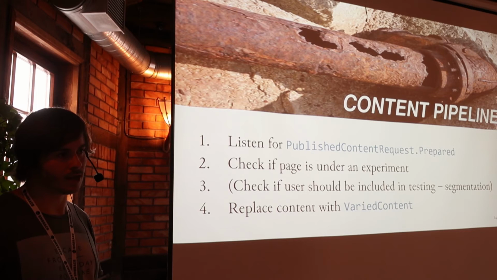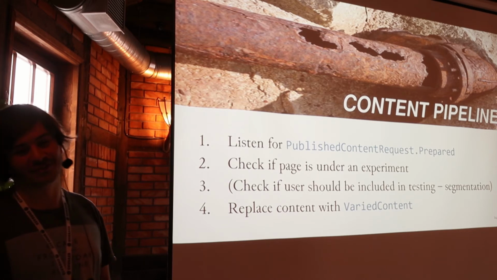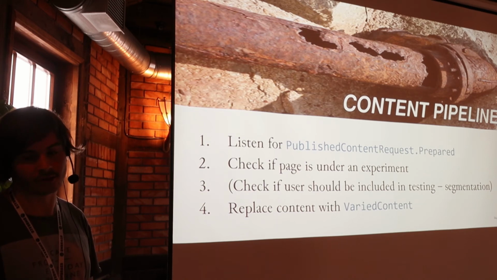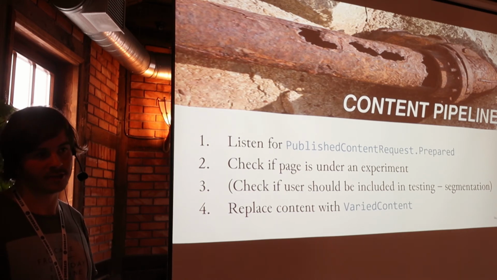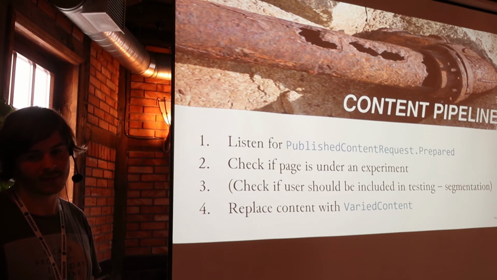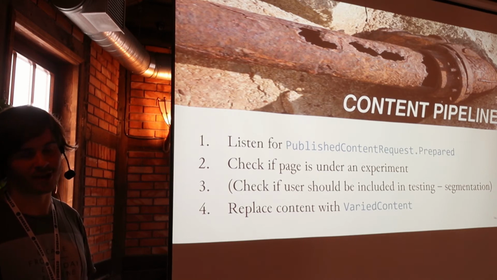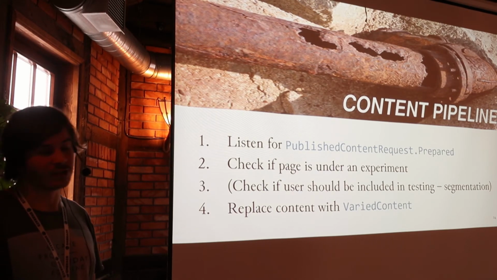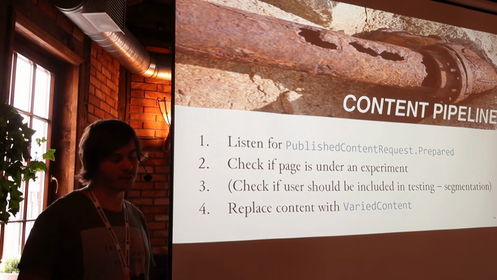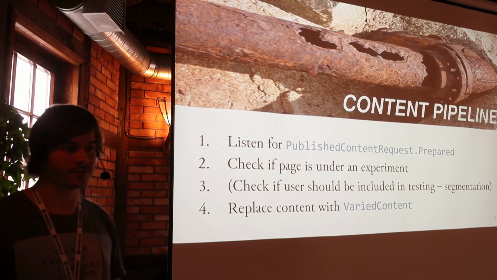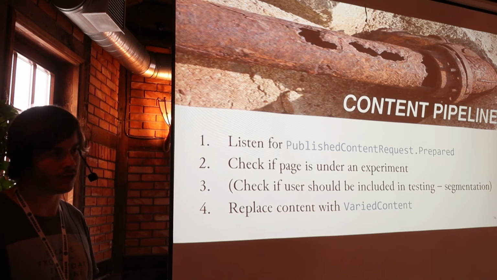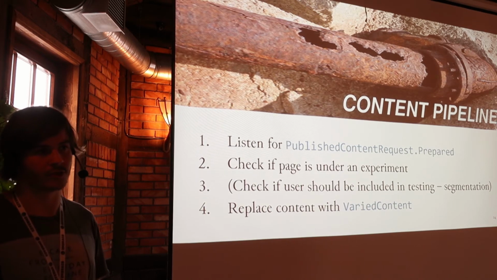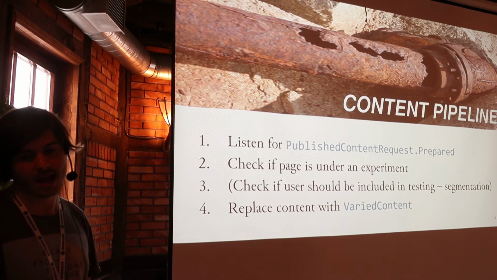So you can plug in a plugin for uSplit. It's actually relying on Andy Butland's personalization groups plugin, which is, I think, a third mention of Andy in this talk, which is quite good. And you can set up some rules about who you actually want to expose to your experiments. So this way you can do very effective A/B testing for only certain segments, such as US visitors, for instance.